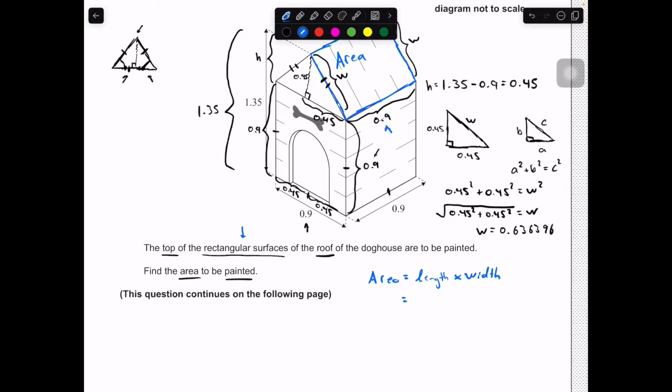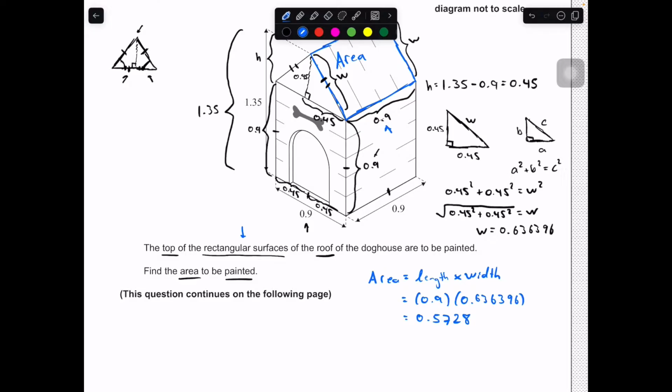The length we know is equal to 0.9, and the width itself is equal to, and I'm going to save a lot of these digits, 0.636396. Again, working this out on the calculator that I have beside me, 0.9 times 0.636396. And this gives us a value of 0.5728.